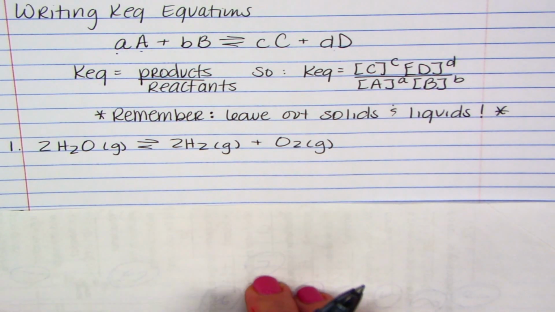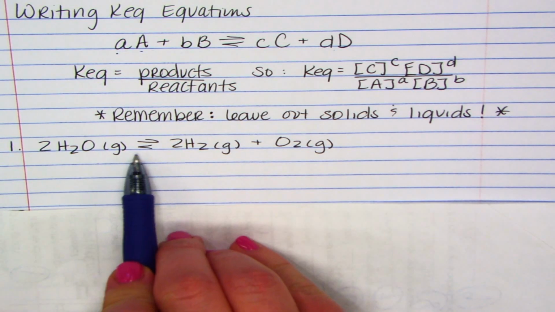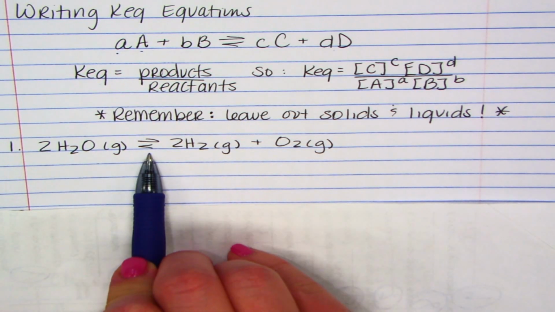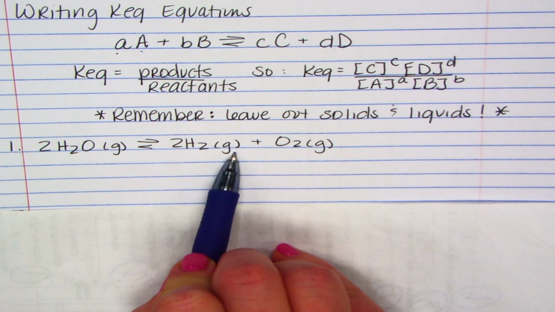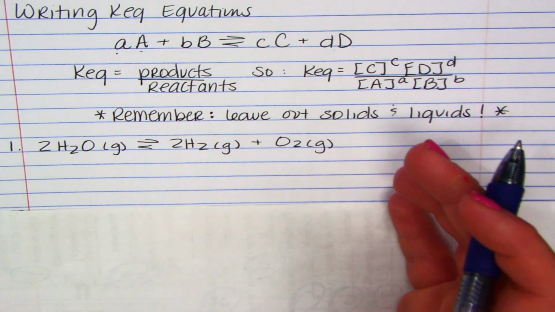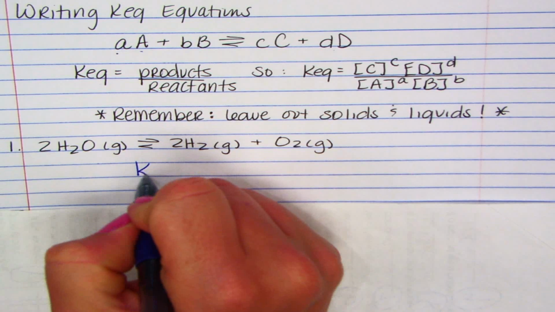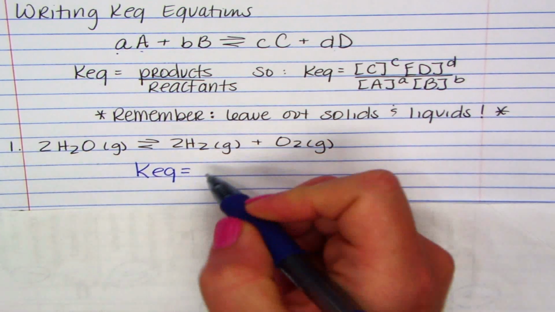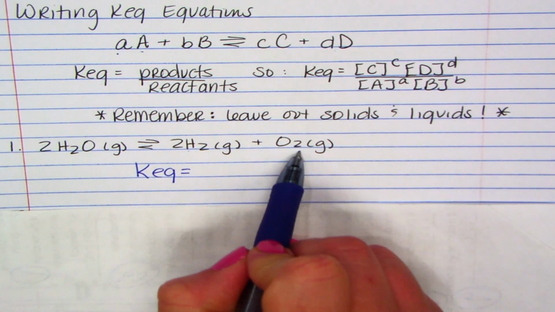I have 2H2O gas yields in a reversible reaction 2H2 gas and O2 gas. So none of those are solids and liquids, so I'm going to have to include all of them in my Keq equation. So Keq equals, my products go on top.